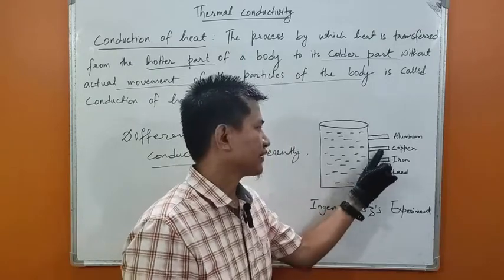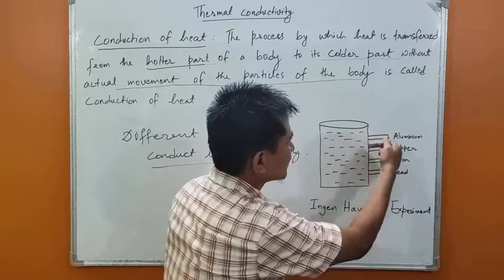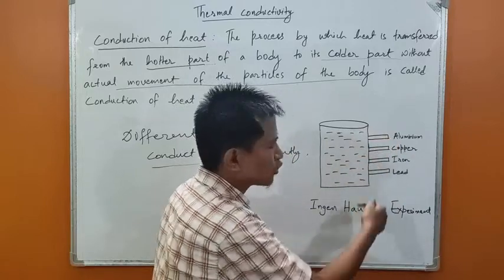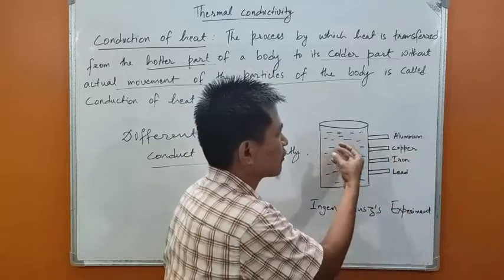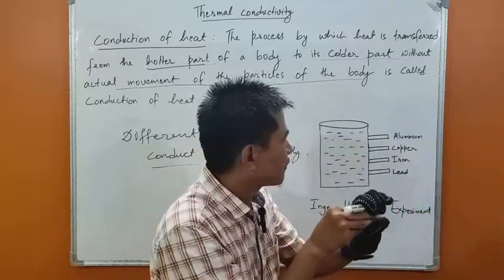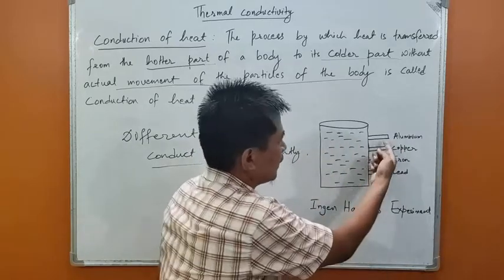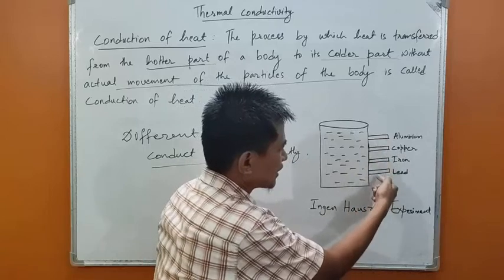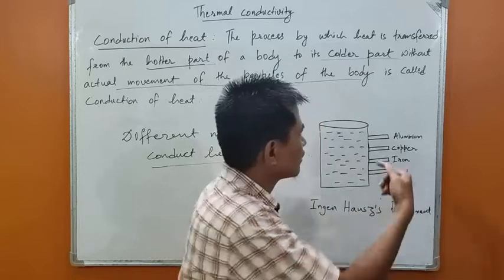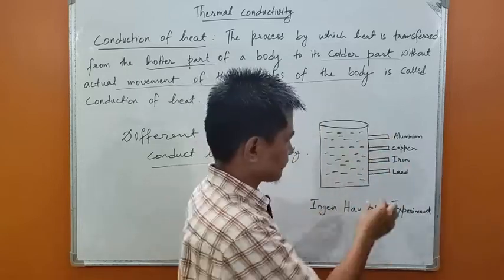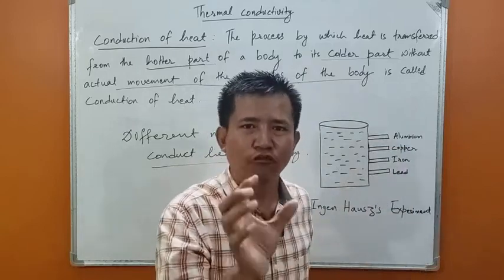The 4 metals of equal length and equal cross-sectional area are inserted into the cylinder through a hole fitted with a cork, so that no liquid from inside may come out. The cork will prevent the flow of heat from inside of the cylinder to outside.